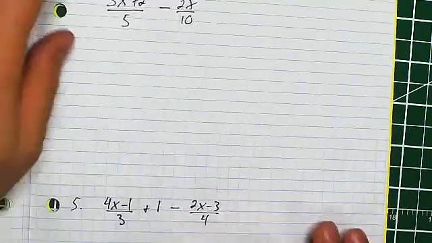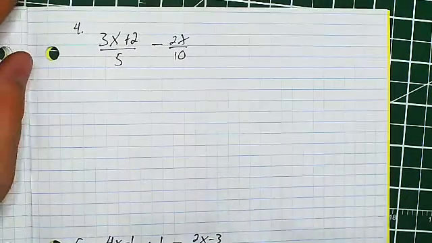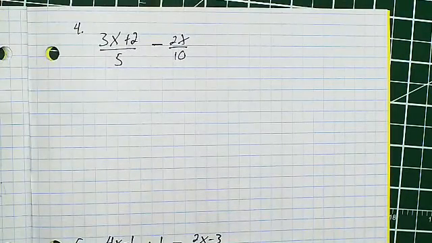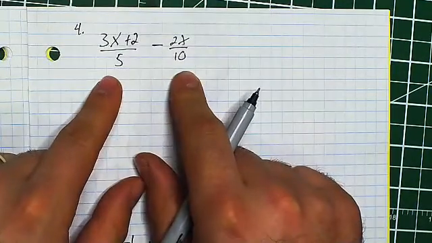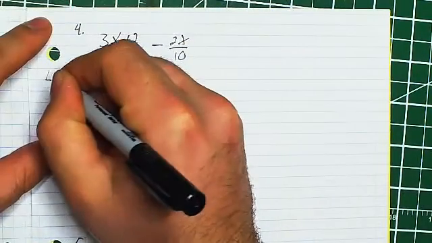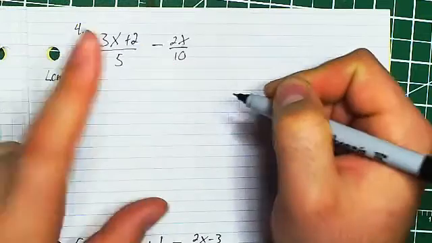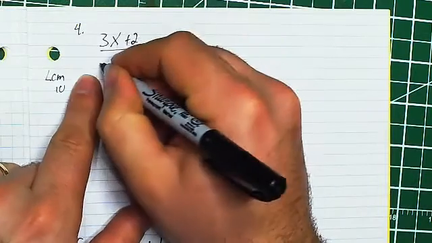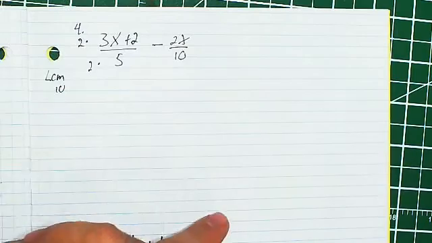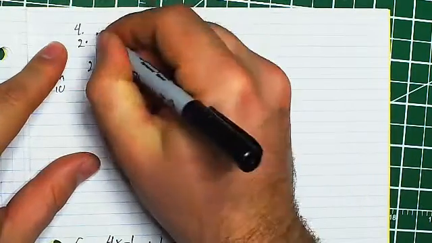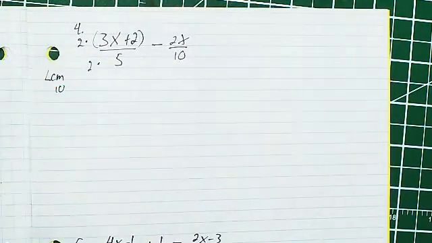We can make this trickier by adding more variables. The key when it comes to subtracting, actually we'll get to that later on. Between 5 and 10, the least common multiple is 10. So what do I do to this side to get to 10? I multiply both top and bottom by 2. When I'm multiplying by 2, I have to multiply the entire expression by 2, so you want to put that in brackets.